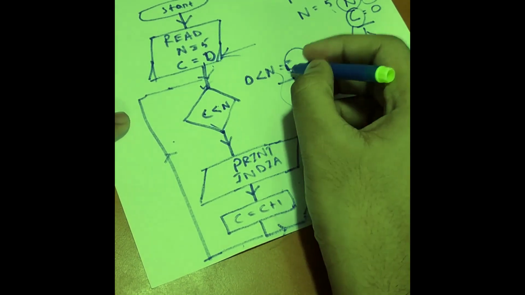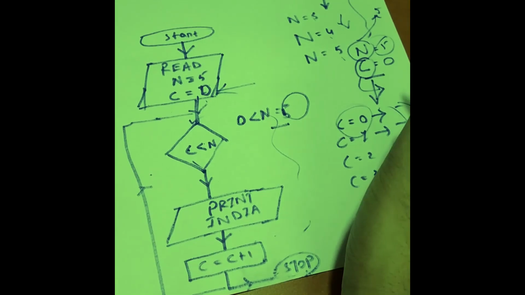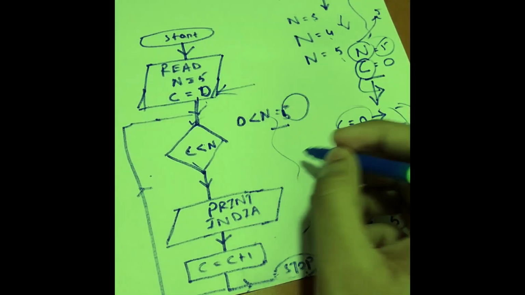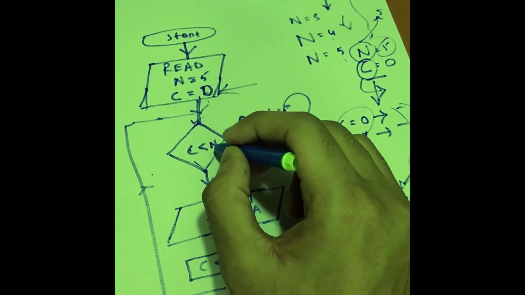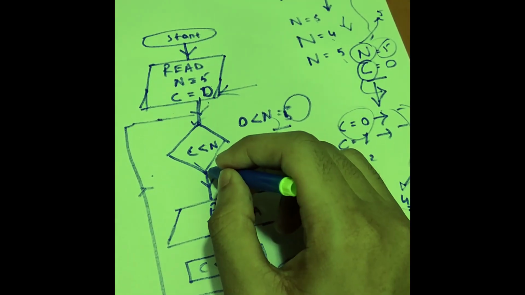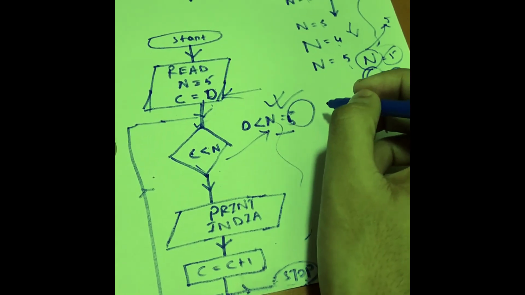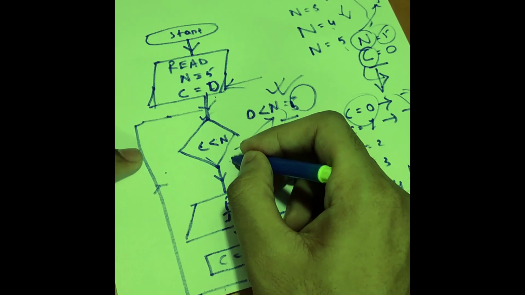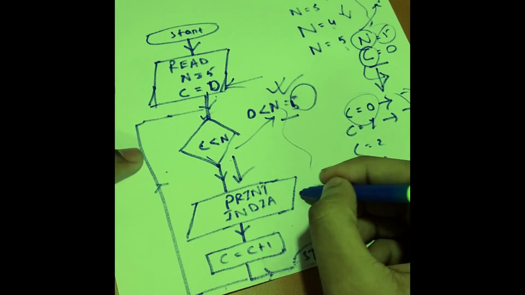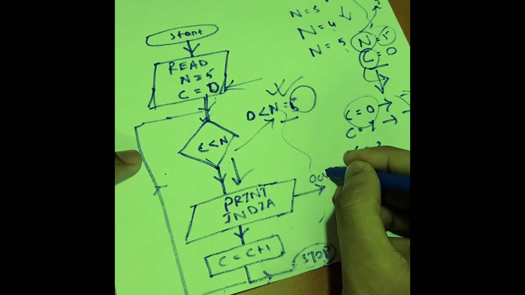So it enters the decision box. Condition satisfied. It goes inside, prints India as output.